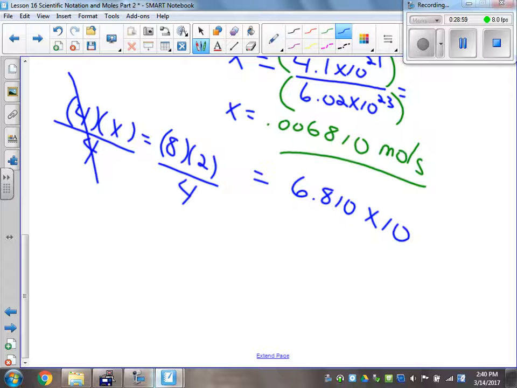Which way should I be moving the decimal, left or right? Should I use a negative or a positive? This number is less than 1, so I use a negative. So if it was here, I'd have to go 1, 2, 3 to the left. So there you go.